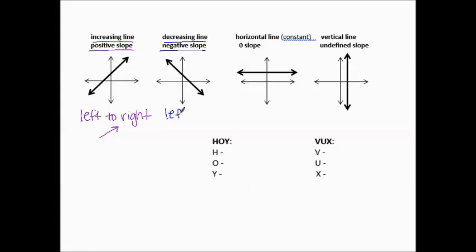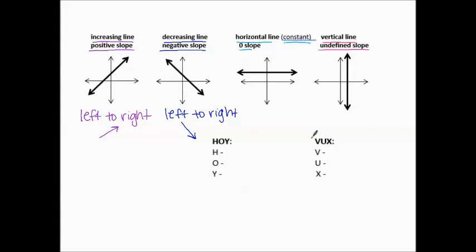Same thing from left to right, but this time we're going down. Decreasing lines have negative slope. Recall that my horizontal line, or constant, has 0 slope. Okay, there's no change here. I have 0 slope. And my vertical line has undefined slope. The vertical line has undefined slope.